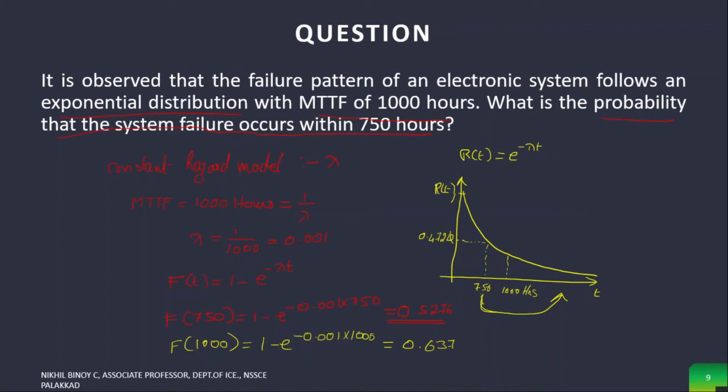Only 36% of components will survive. Still, electronic manufacturing industries are following the constant hazard model. I told you that from 1940 onward, almost all electronic manufacturing industries are following constant hazard. Now move on to the second question.